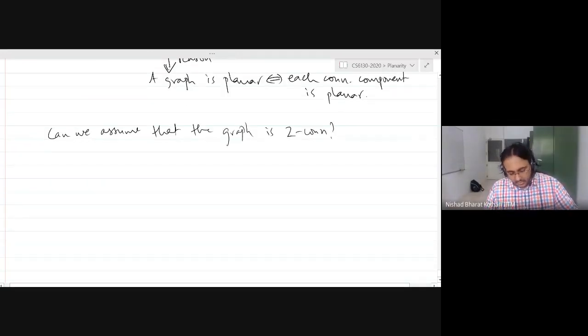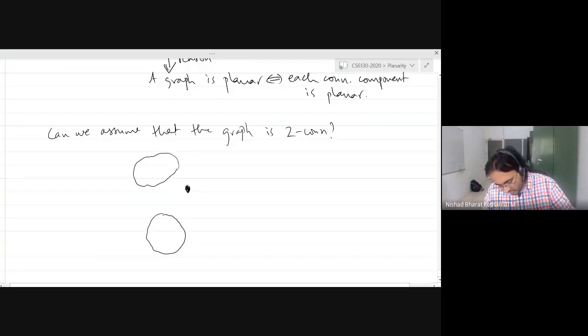Well, what does it mean? Supposing there is a cut vertex in the graph, right? This is a cut vertex, which means when I delete this vertex, I get a bunch of components. Right? And there are edges going into each of these components.